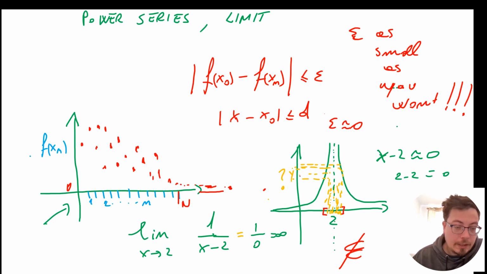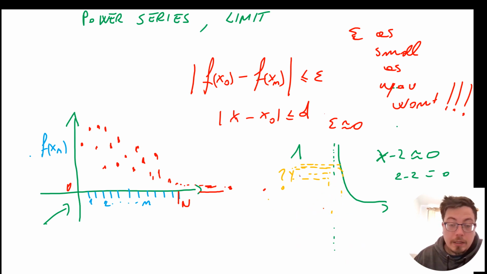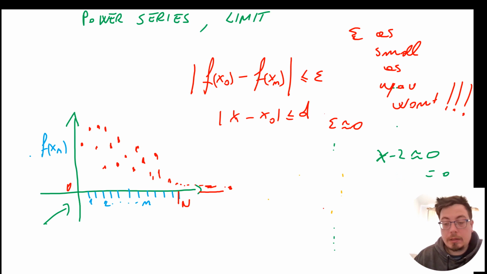And this is saying that the function diverges to infinity in this case. So this was 1 over x minus 2, and it's not a crazy function. It's not something uncommon.